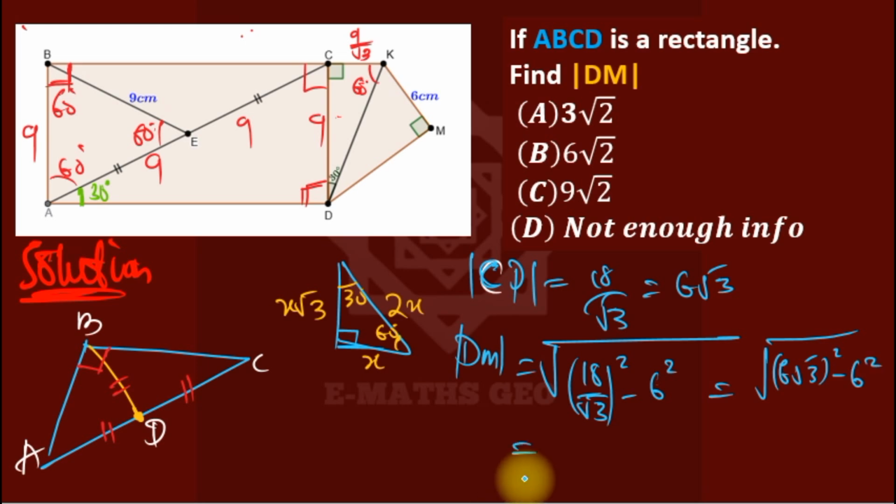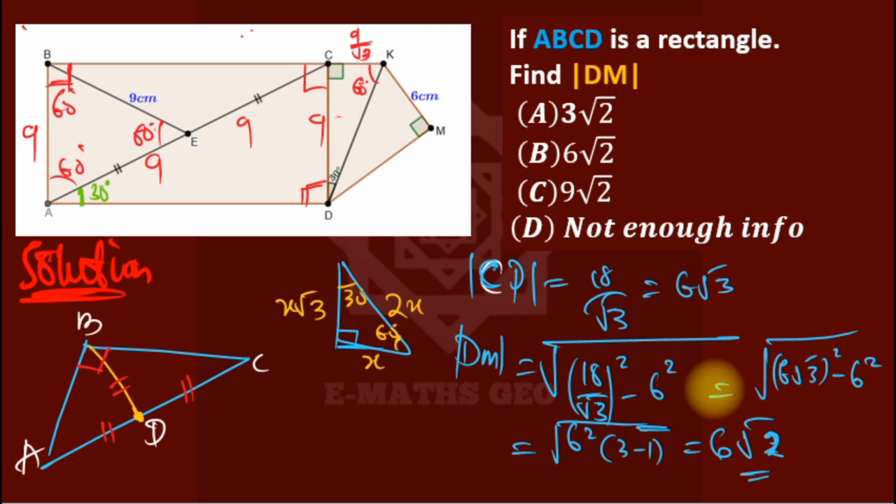We can factor 6 squared, common in both. We have 3 minus 1. The square root of 36 is 6. The square root of 2 has no perfect square root. So the answer is 6 root 2.